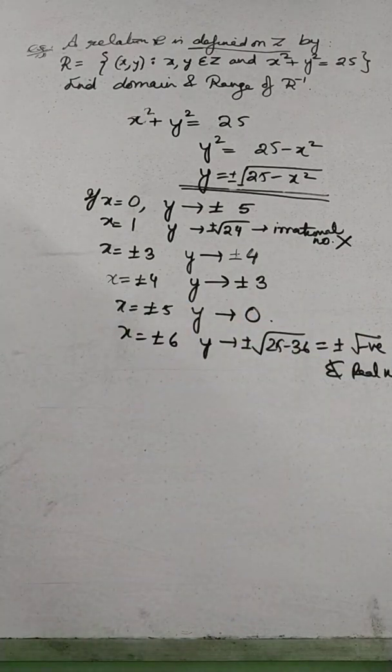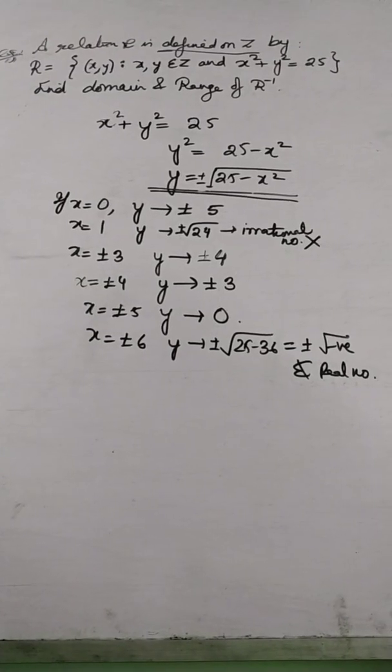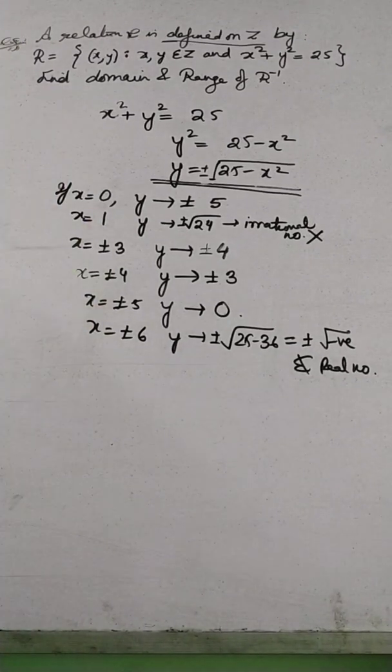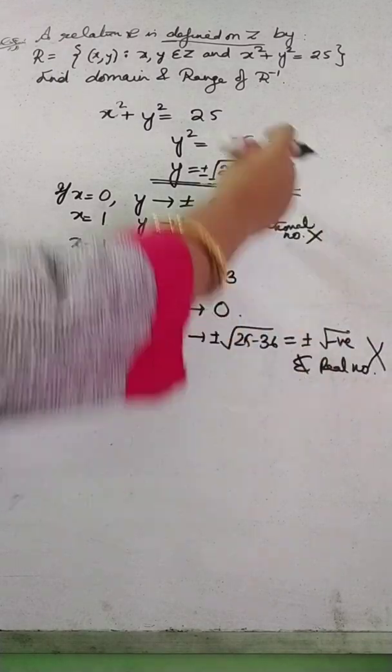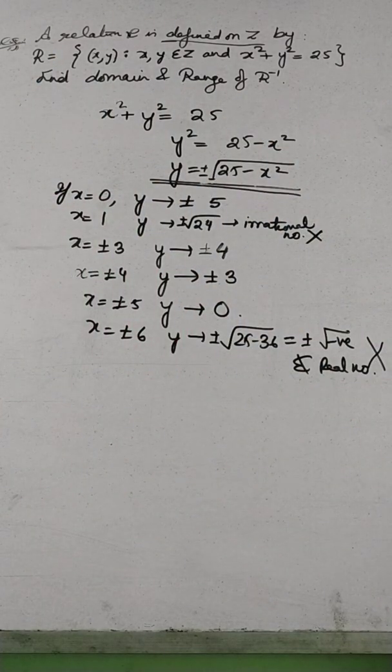So I cannot take this value. In fact, if I take values greater than this, it will remain negative, giving complex or imaginary numbers. So I will not take the rest of the values.